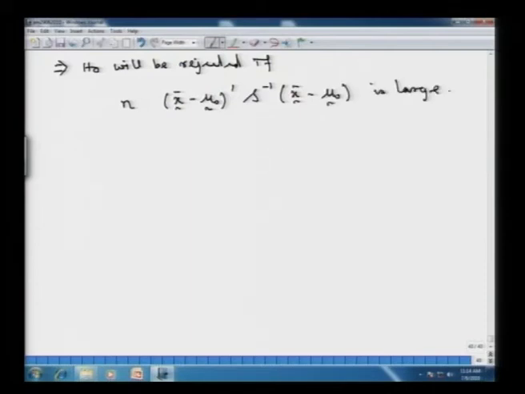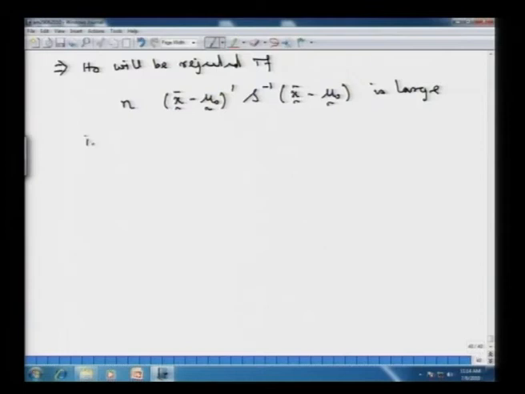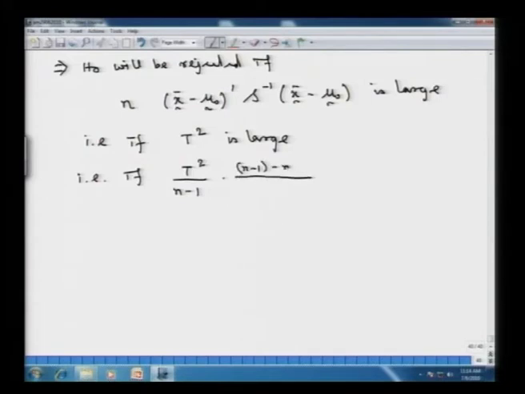So, this follows from this equation that this is going to be rejected. This is coming through the H naught prime set of hypotheses, and it is going to be rejected if this is large. This term is equal to the T square statistic only, that is, if T square is large, or in other words we can plug in the constants, that is, if T square by n minus 1, into n minus 1 minus m plus 1, divided by m, is large.